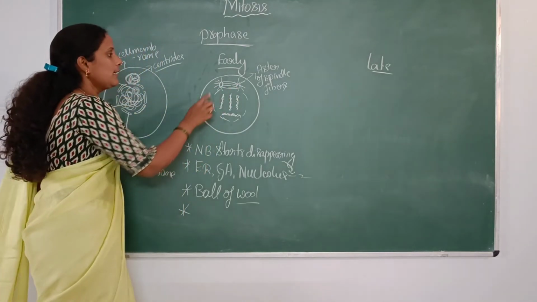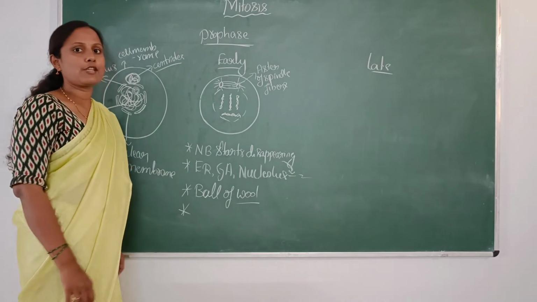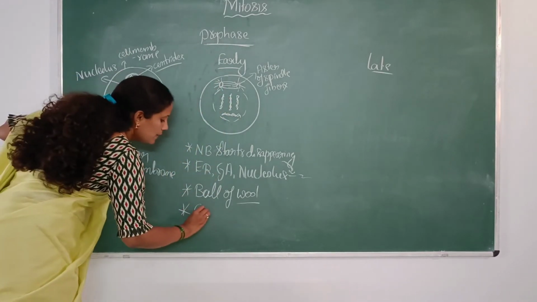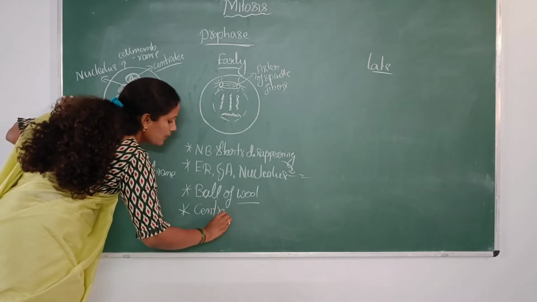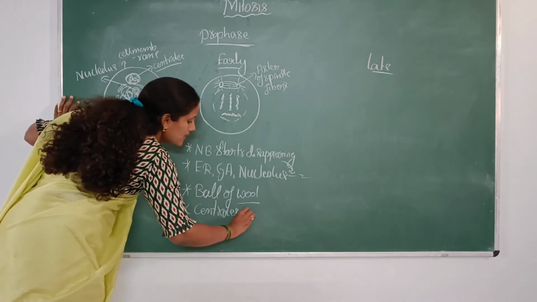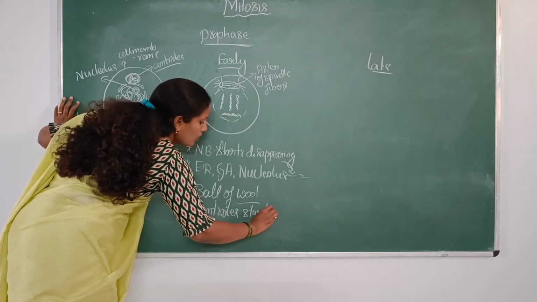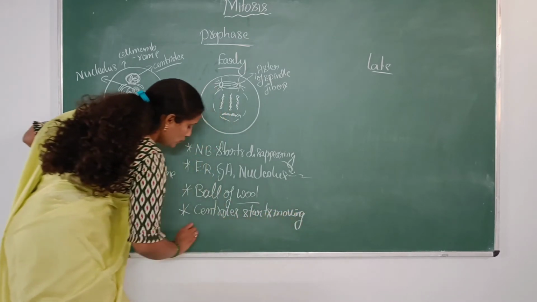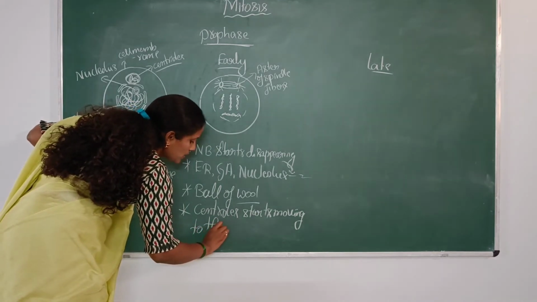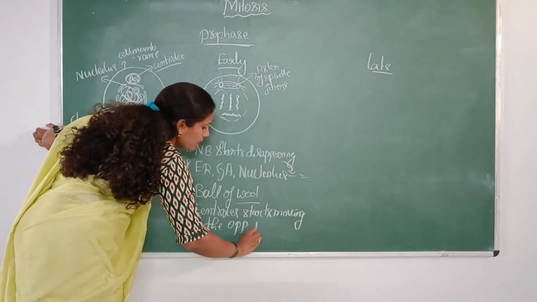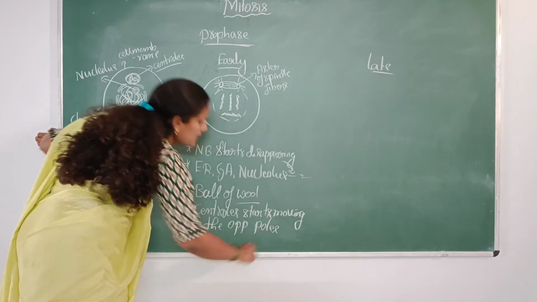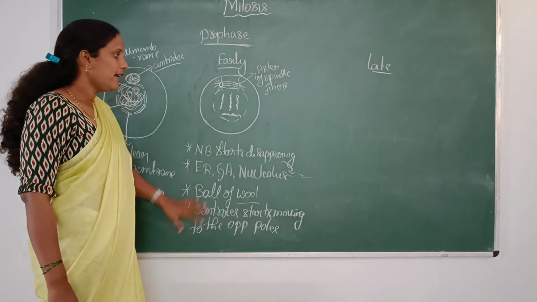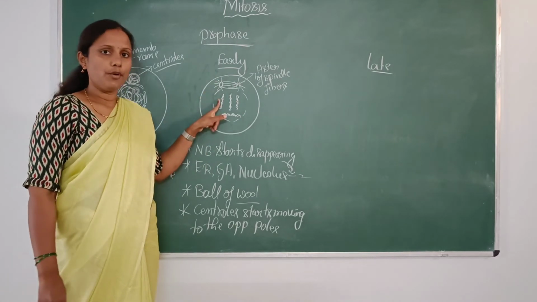As a result, due to the repelling action of spindle fibers, the centrioles start moving towards the opposite poles. So these are the events during the early prophase.